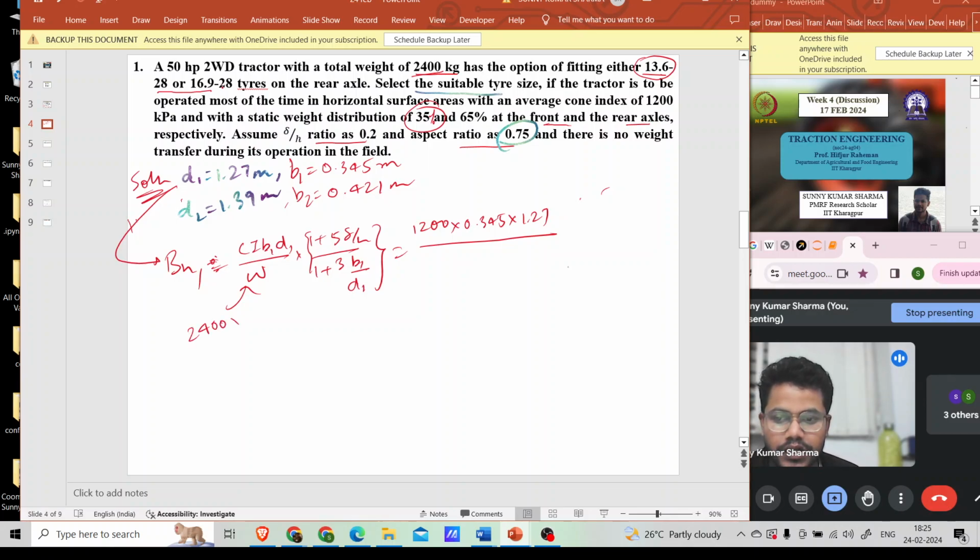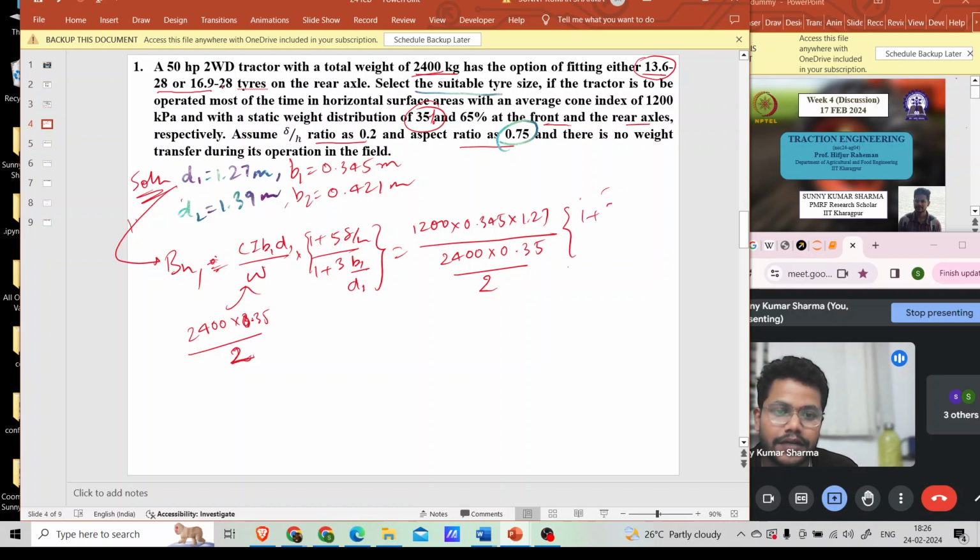Means 2400 into 0.35 is coming on the front axle. You have to divide it by 2, so that the weight coming on one wheel will come. So you have to do the calculation here: 2400 into 0.35 by 2.